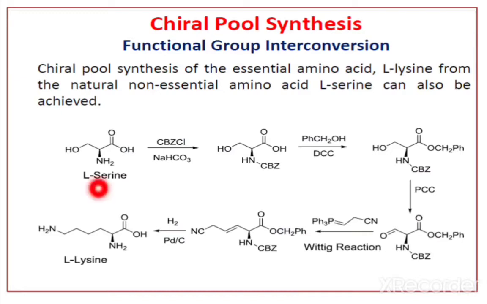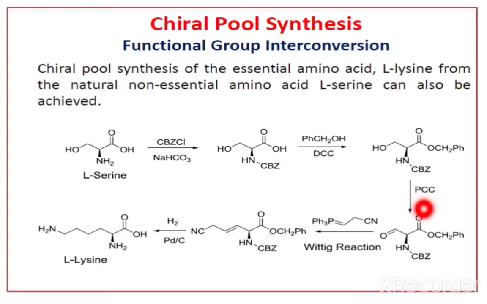Here this is the structure of L-serine. The first step is the protection of this amine, and we know that for the protection of the amine we use carboxybenzyl chloride, CbzCl, in the presence of NaHCO3. Now the next step, on treatment with benzyl alcohol in the presence of DCC, protects the carboxylic acid.